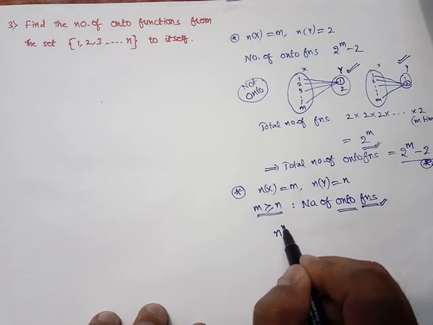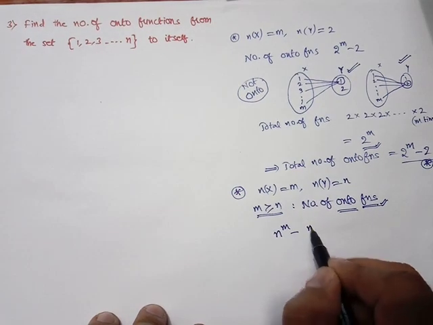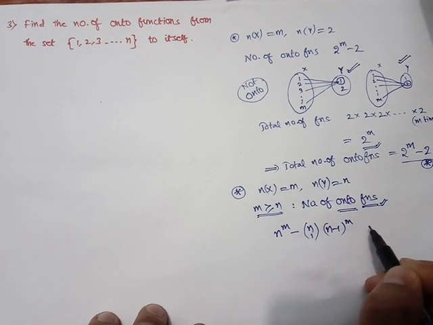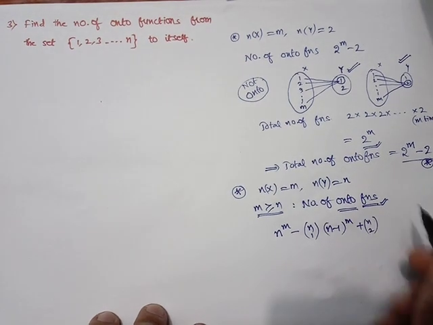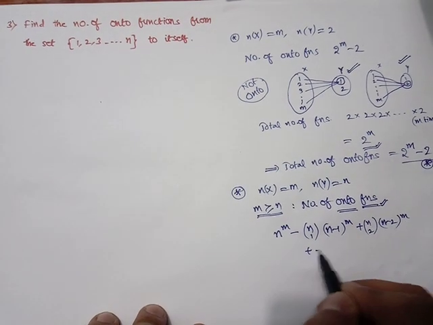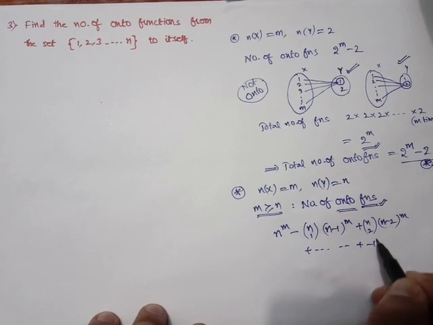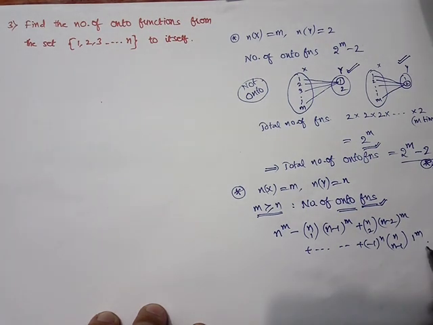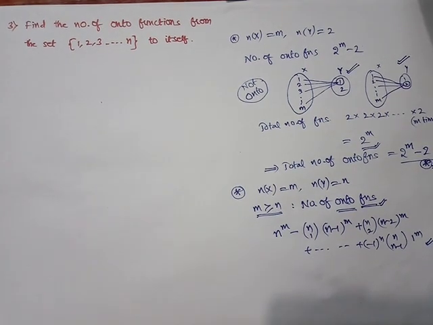The formula is n power m minus nC1 (n minus 1) whole power m plus nC2 (n minus 2) whole power m and so on, minus 1 whole power n, nC(n minus 1) 1 power m. This will be your value, and this will be your answer.